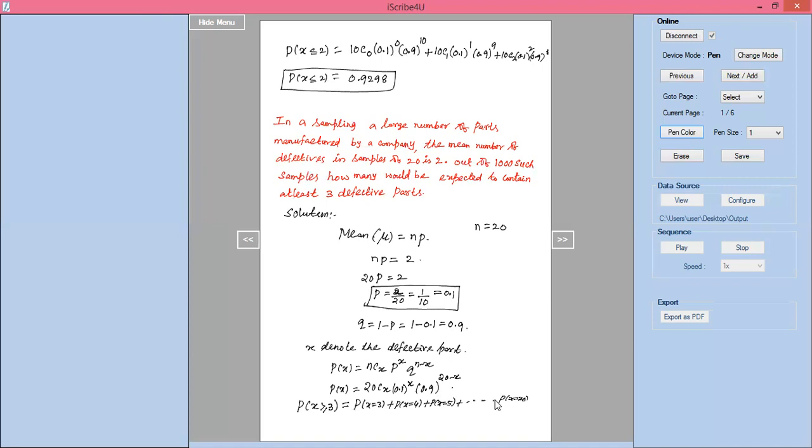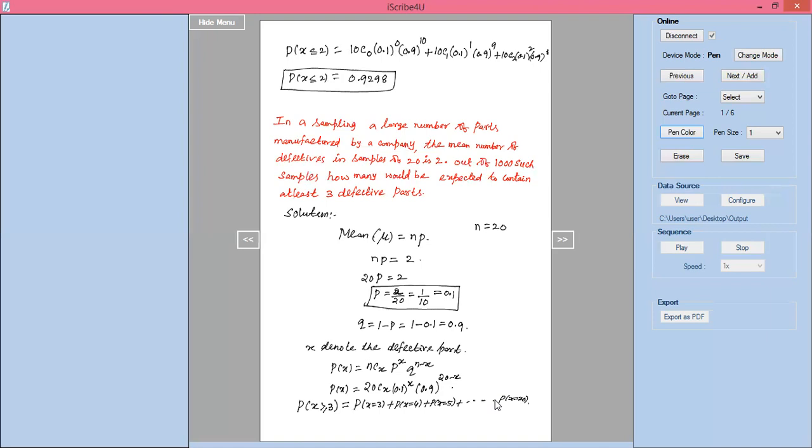Instead of finding up to 20, we can do it more simply.